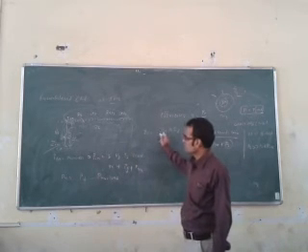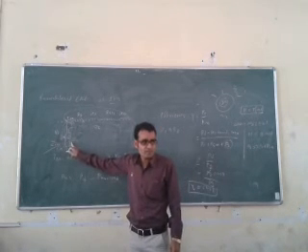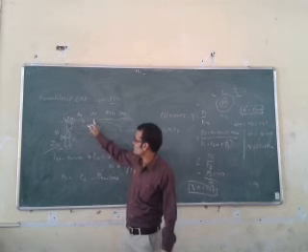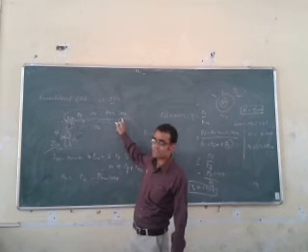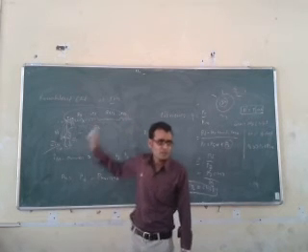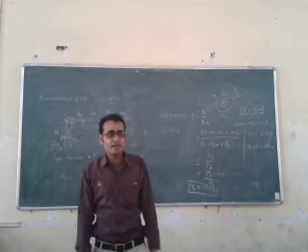Z1 parallel Z2. Z1 you know that it is JXM. Z2 is what? RS plus JXS plus RR by S plus JXM. Find out the final equation for this.